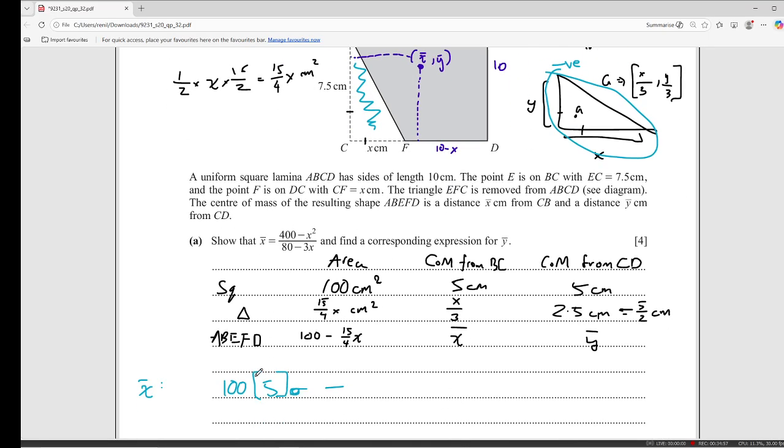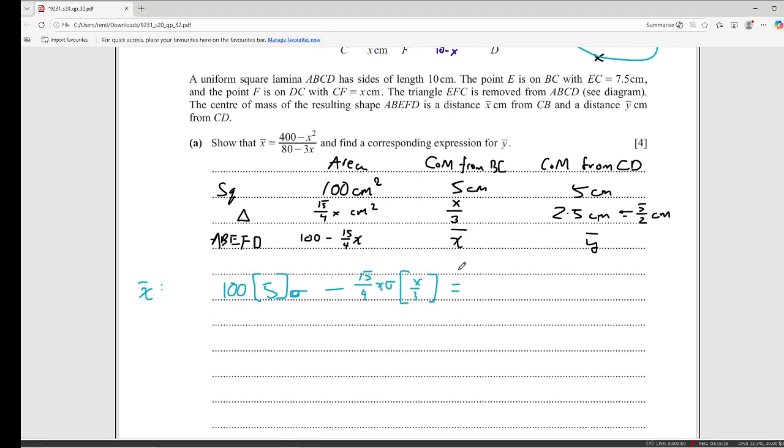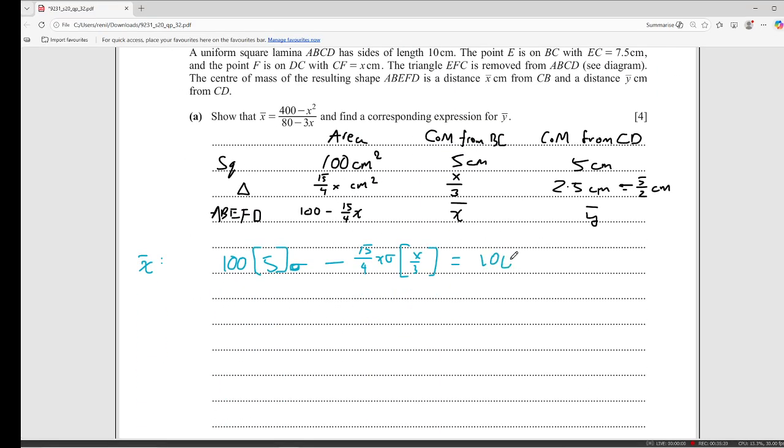So resolving all the moments, we get 100 times 5 times sigma minus 15 by 4x times sigma times x by 3. And that should be equal to the overall moment caused, and that's going to be 100 minus 15 by 4x times sigma times x mean.